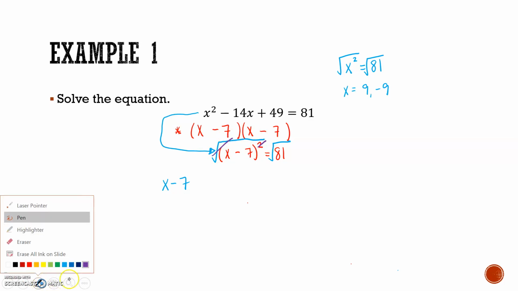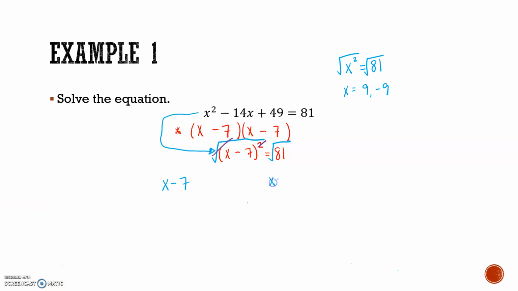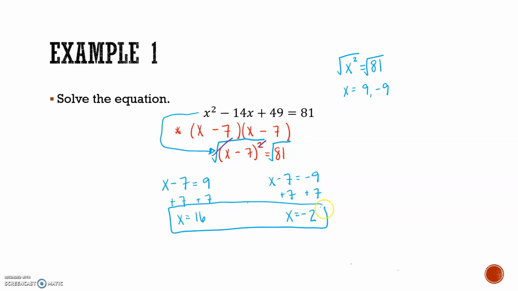So on the left-hand side, I'm going to have x minus 7, a couple of times, but I'm also going to have equals 9 and equals negative 9. So this becomes pretty easy to solve. I just go plus 7, and I get x equals 16. Over here, I would do plus 7, and x equals negative 2. And there you have it. Those are my two answers for this problem.